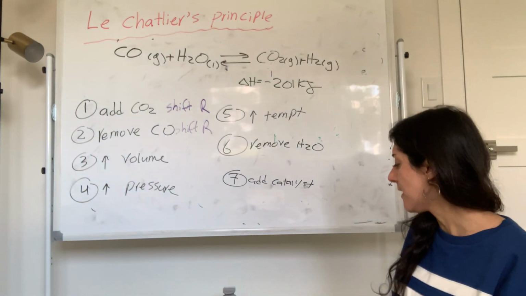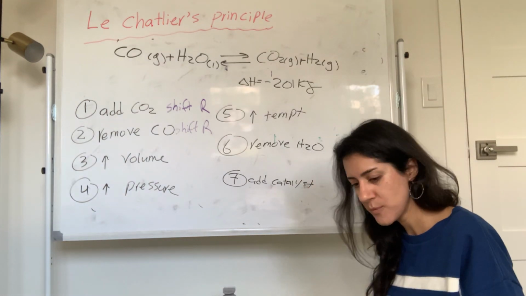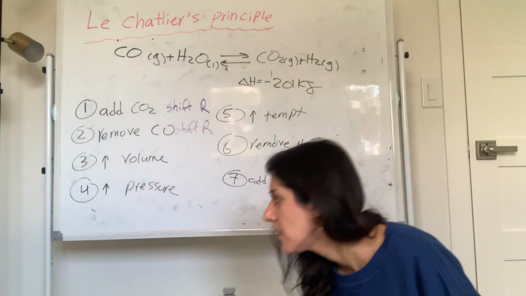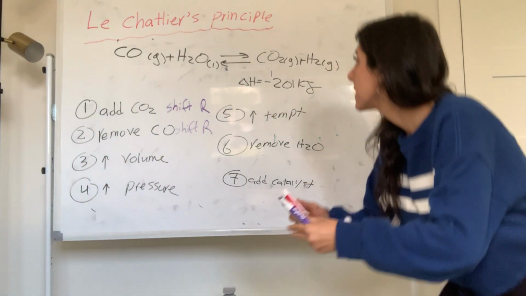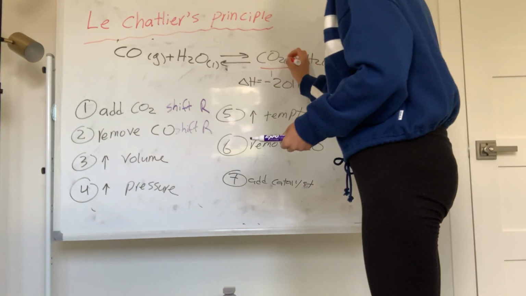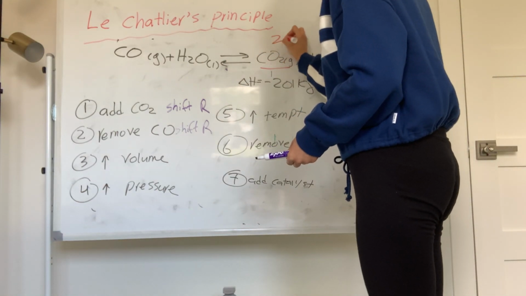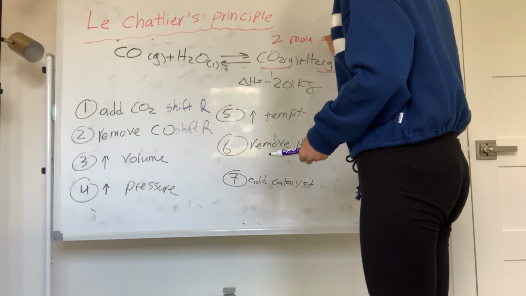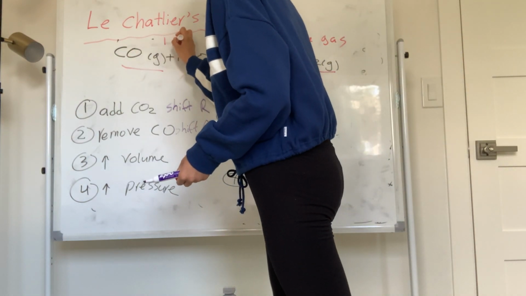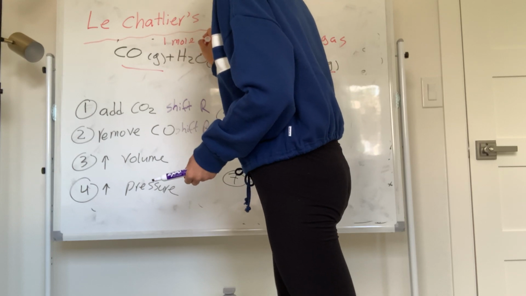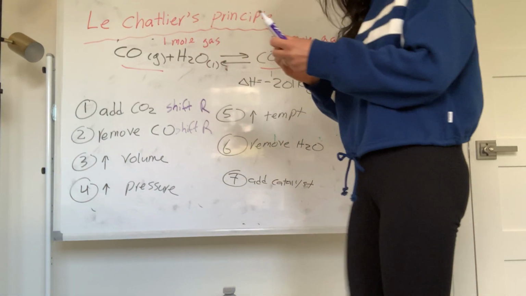So if you look over here, where's my red pen? I had a red pen. Oh, right here. Let's look over here. I have 2 moles of gas molecules. Over here, I only have 1 mole of the gas molecules, okay? Very good so far.